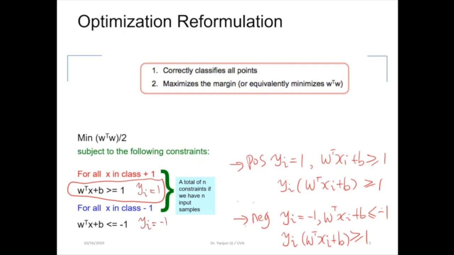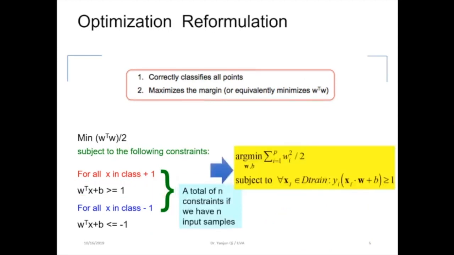So this is a summarized way to guarantee all the training samples are predicted correctly. I'm looking for the W and B that make sure all the training samples are predicted correctly, using this as a constraint in my optimization. We already learned about this many times before.